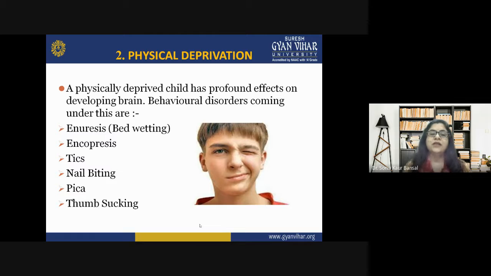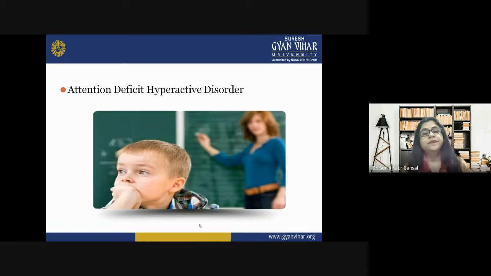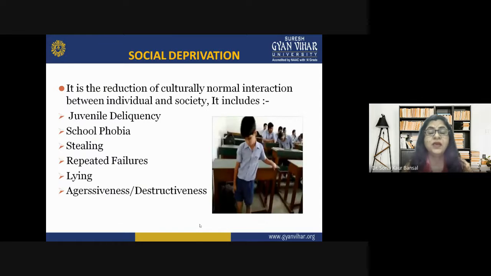These are some physical deprivation disorders. Then attention deficit hyperactive disorder, also called ADHD in clinical terms. ADHD is really dangerous, and if the child is showing it, parents or caregivers must seek a solution very immediately.